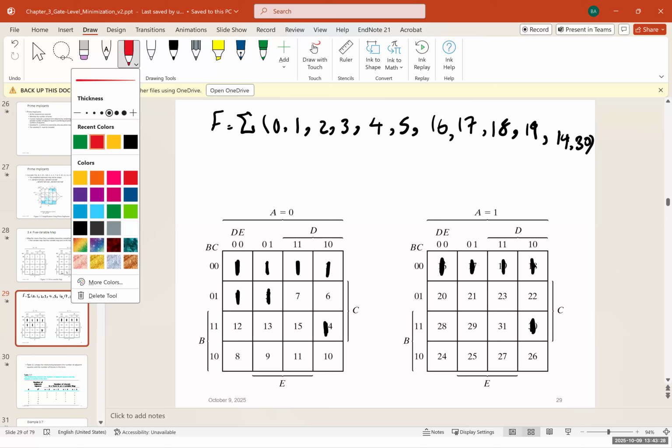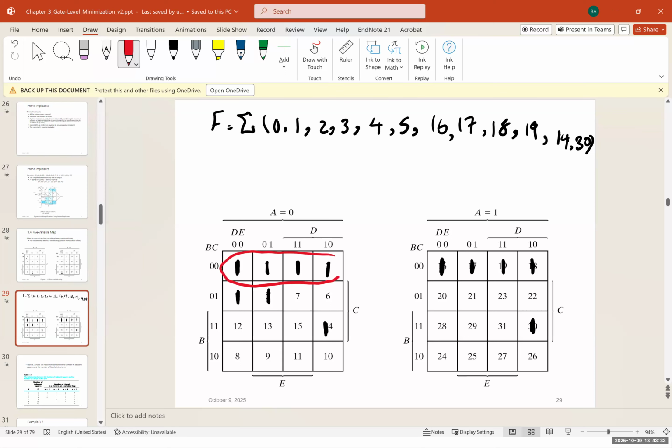Does anyone have the answer? I can combine these 4 together, and I can do it with these 4 as well. If I combine both of them together, they share the same A, so A would be out of the picture, and then I'm left with C prime and B prime.